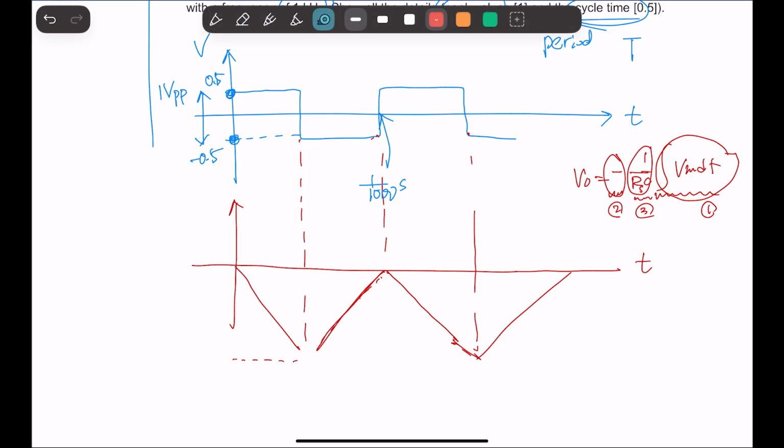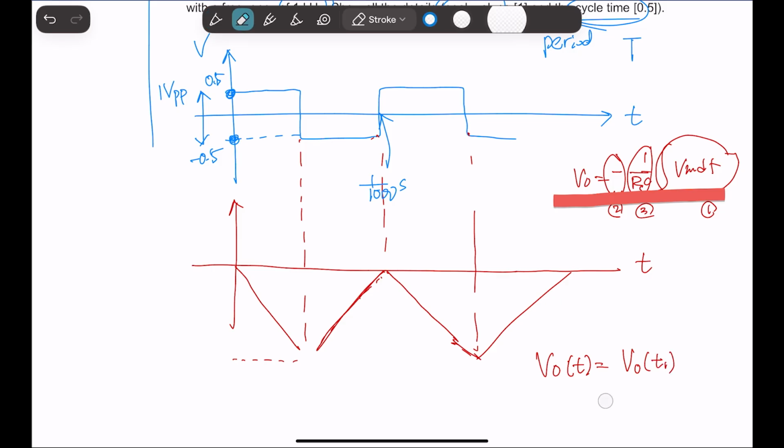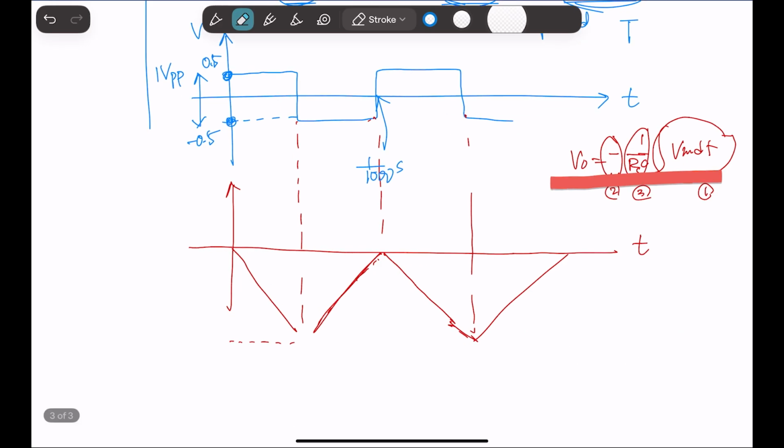No, or so that's a good point. To make it more rigorous, this equation actually has to be, let me write this thing here.